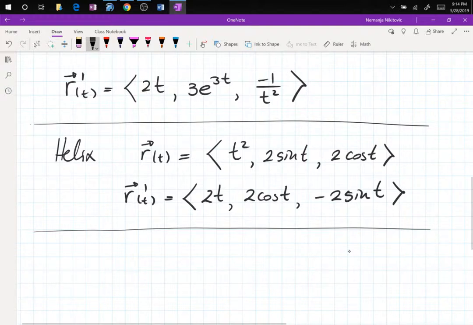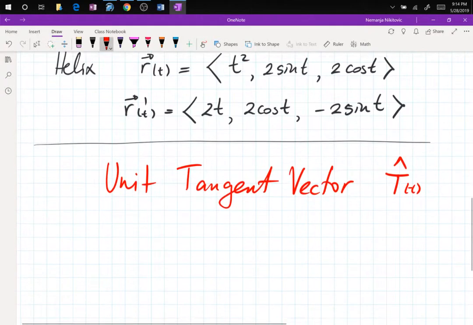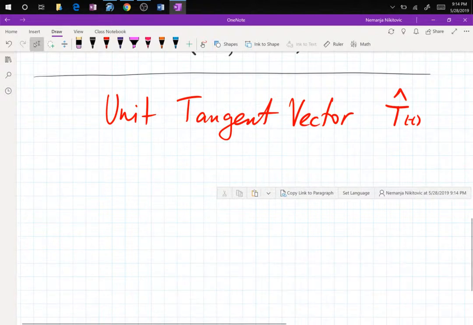Now we are interested in, and I'm going to put this title in blood over here, the unit tangent vector, T hat. That's our big topic over here.